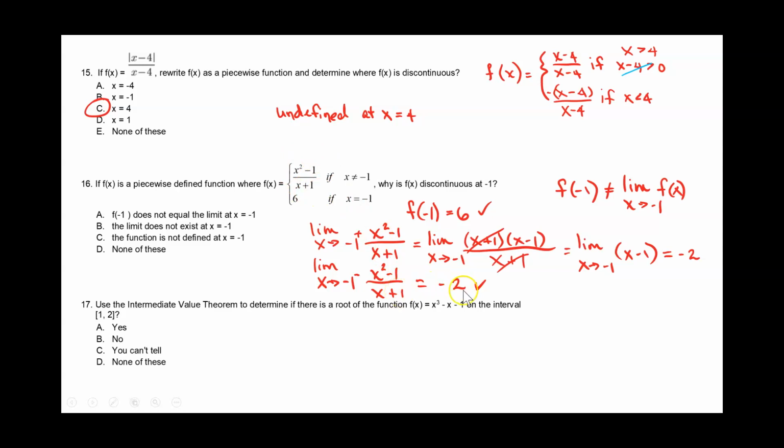And again, that top piece is going to give me negative 2 like we just saw. So the limit from the left was negative 2, the limit from the right is negative 2, so the limit does exist. The problem is that what I got for f of a, 6, does not equal what I got for the limit, negative 2. So that is the third part of our definition of continuity.